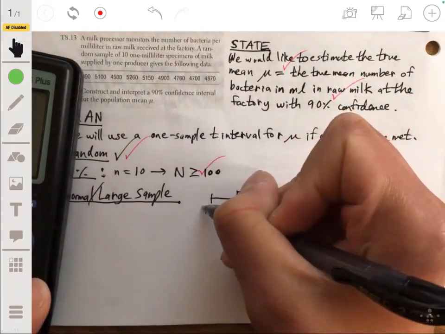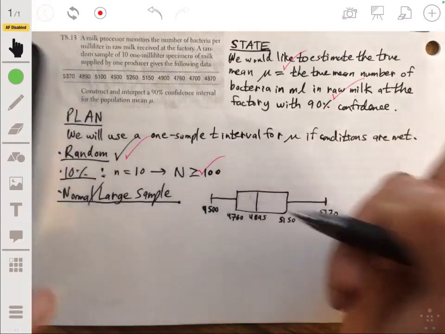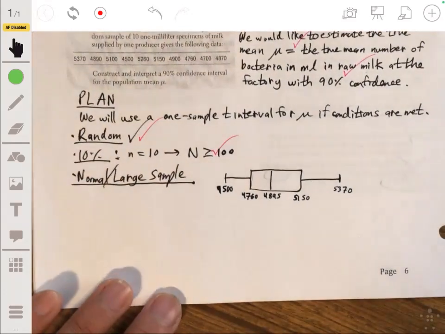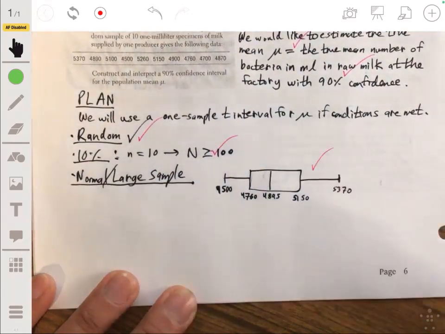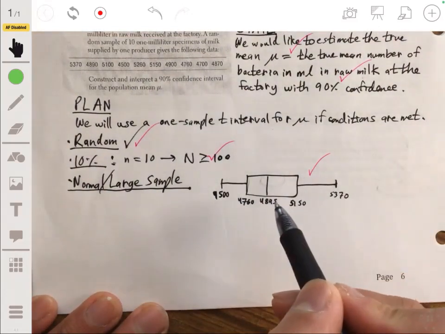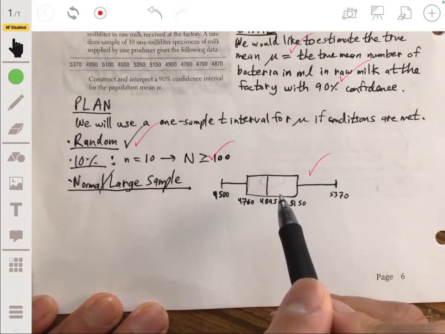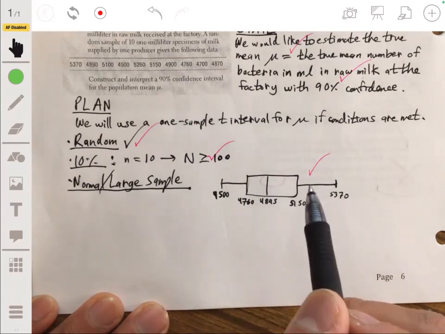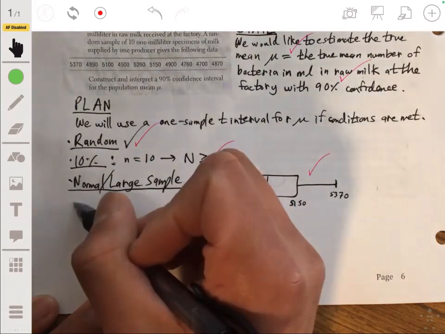And I don't even think they really mind if you don't mention these five points. I like to just do it anyways. And we can say again, let's mention that the box plot shows no strong skewness or outliers, so it's reasonable to move on.